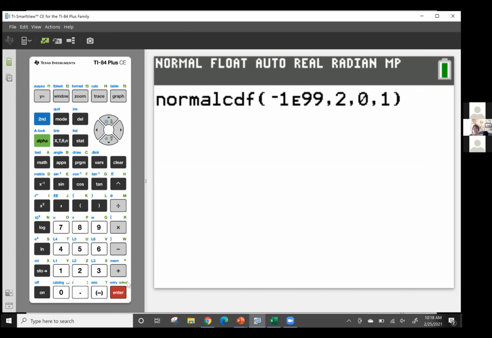Since we're looking at a standard normal distribution with z-scores, we use 0 for the mean and 1 for the standard deviation. We hit enter, and it's 97.7 percent, or 0.977. So the probability of getting a value less than 2 is 0.9772.